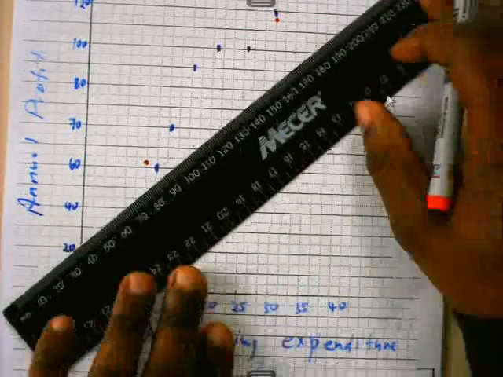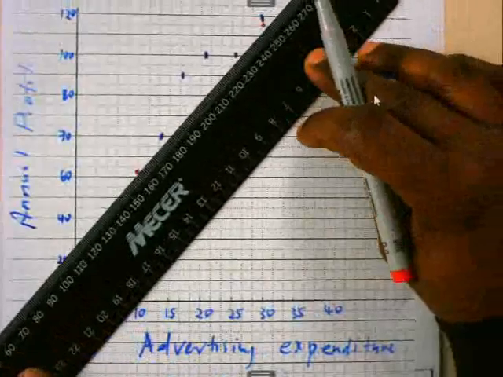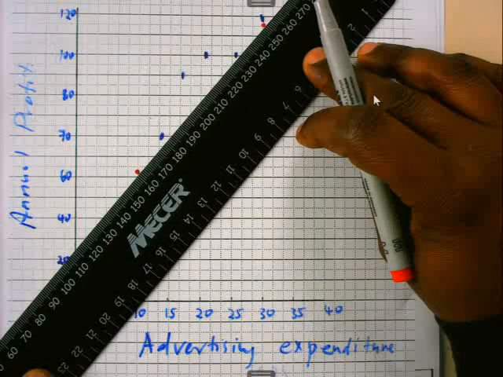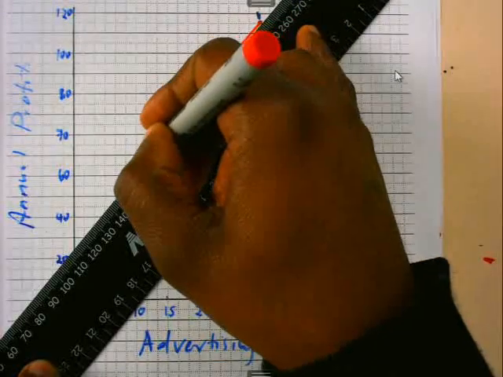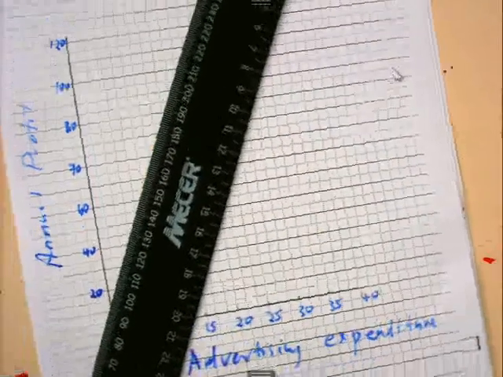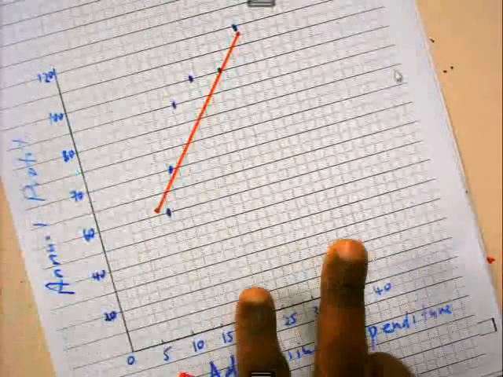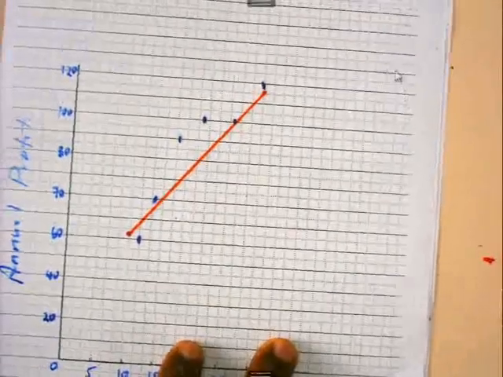Right, there is your ruler, do you see your ruler there? Right, we draw the least squares regression line. There is our line. Our line is drawn, we use the equation, nothing else.